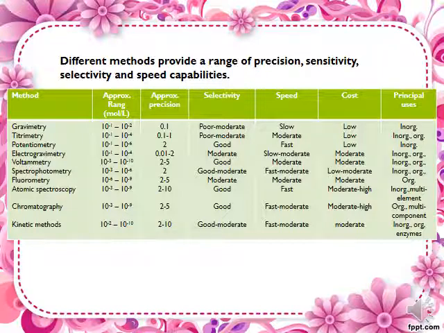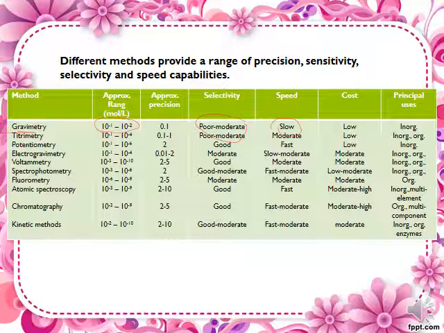For example, when we do gravimetric analysis, it can only detect this range of concentration of sample, which is not really selective, so that's why it's poor to moderate, and the speed is rather slow because we need to mix two different solutions in order for it to form precipitate, and then we have to filter the precipitate out of the solution, and then dry it in the oven until it is totally dry. So it's going to be rather slow in terms of speed.